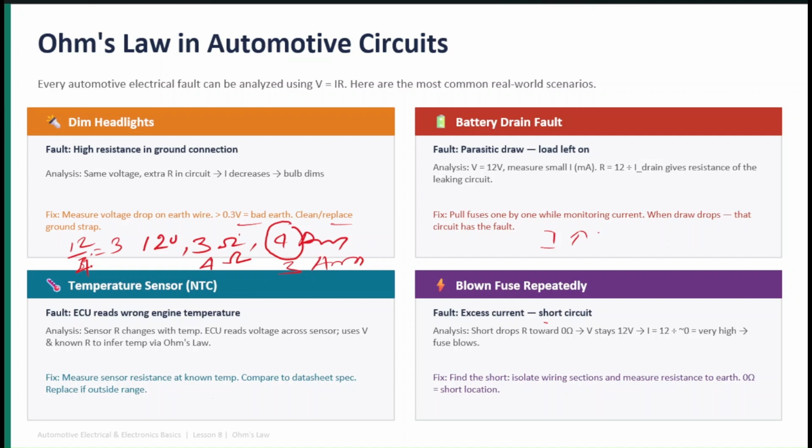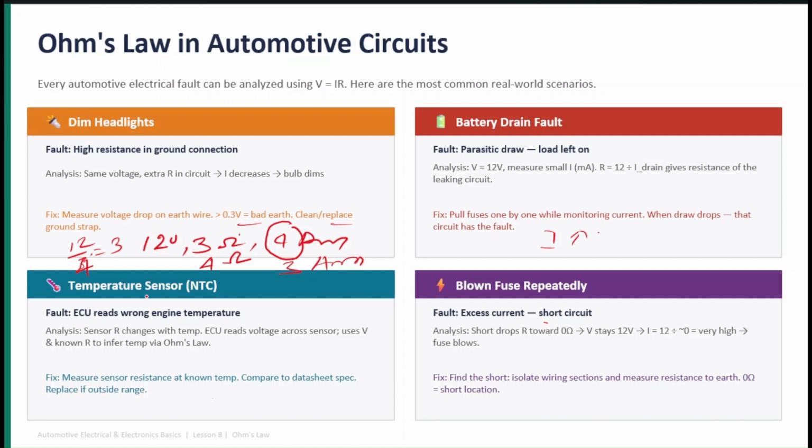The next one is about temperature dependent resistors. In a temperature dependent resistor, if temperature increases, the resistance increases. The ECU will be calculating with a map of particular temperature.